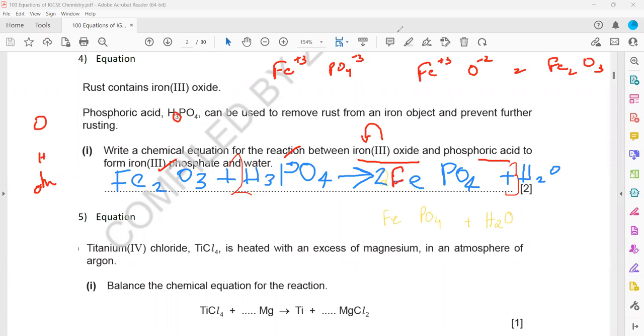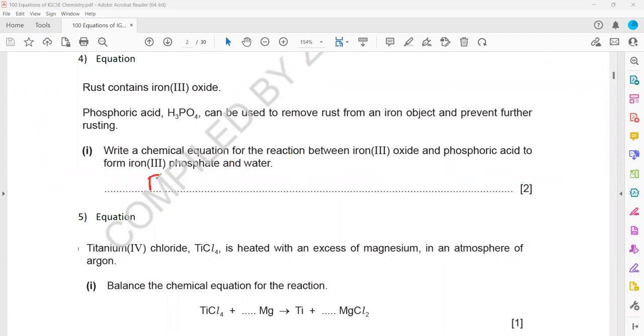So the first thing, whenever you want to complete an equation, is writing a correct formula. If your formula is wrong, you will never be able to balance it correctly. So the correct equation: iron 3 oxide reacts with phosphoric acid. As a result, it forms iron 3 phosphate plus water.